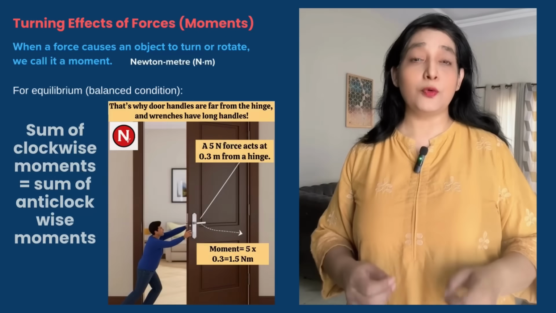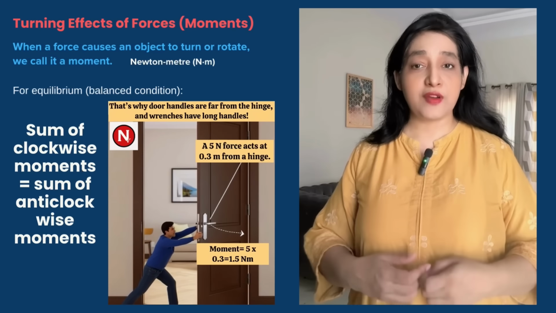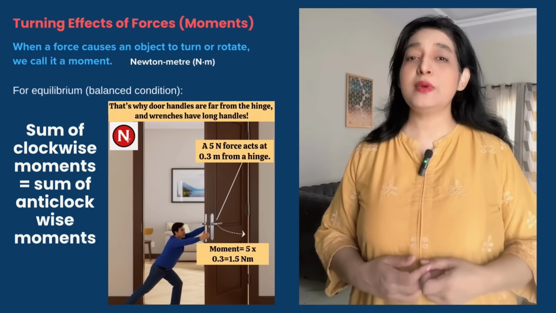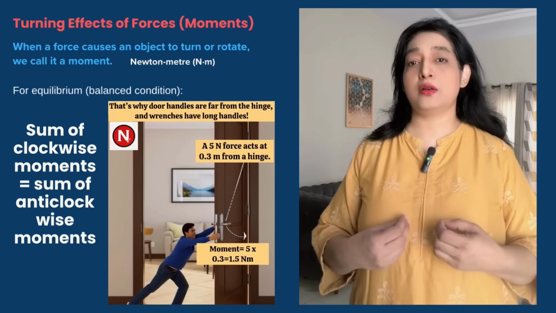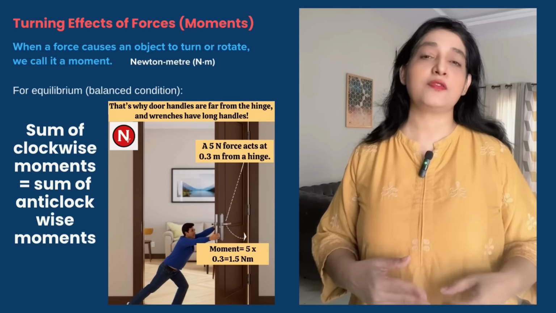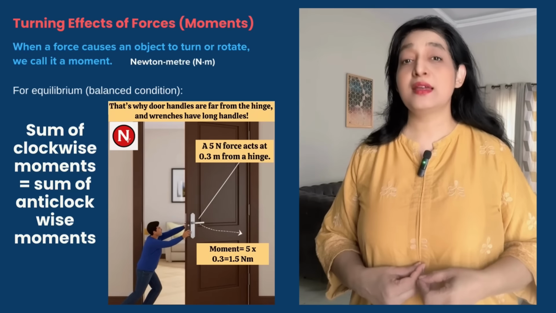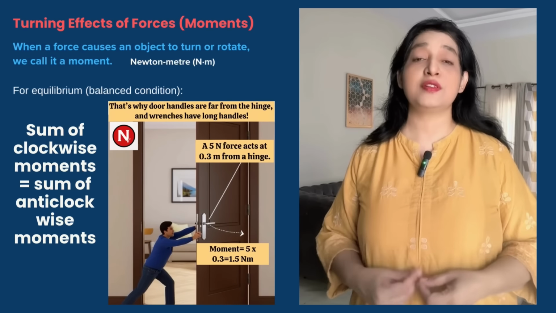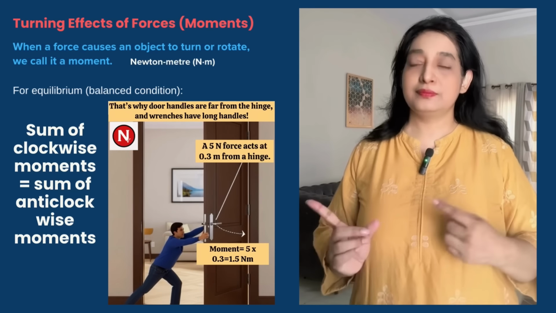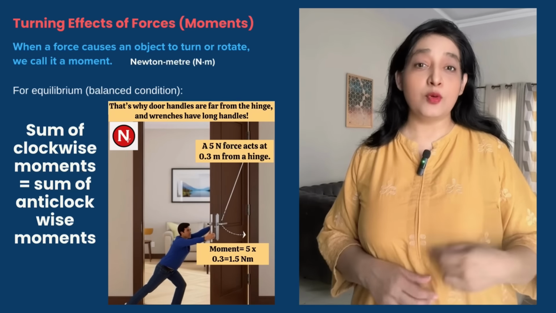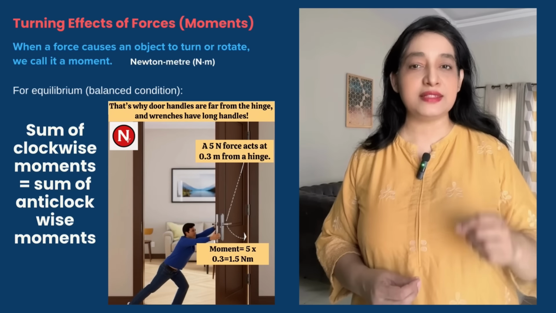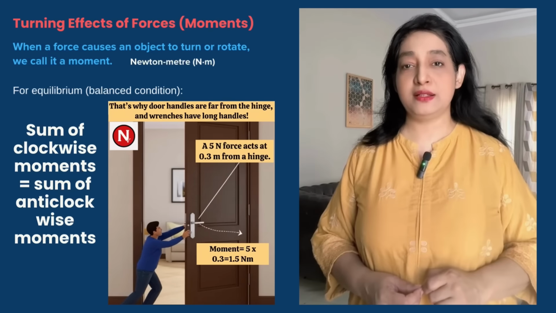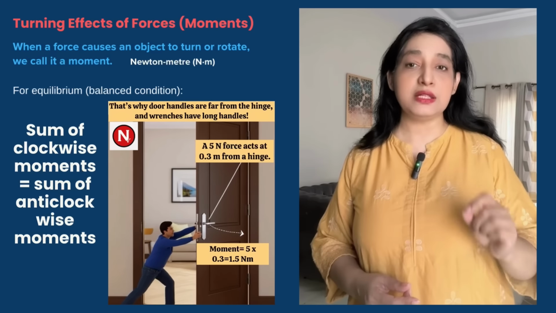Now let's explore moments, or the turning effects of forces. A moment is what makes things rotate, like when you push a door or use a wrench. The moment of a force is calculated as M is equal to force times perpendicular distance. On the screen, moment M equals the force F times the perpendicular distance d from the pivot point, measured in newton meters.